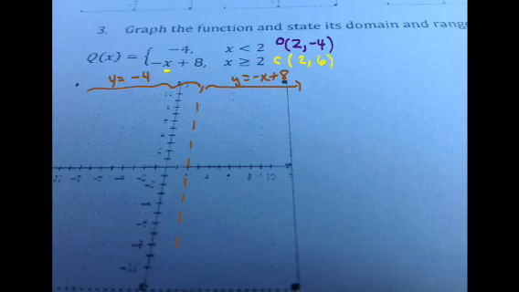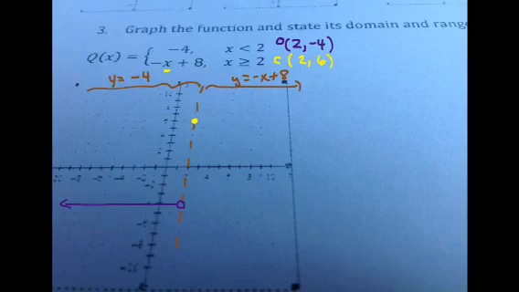Okay, so on the left side, I have an open dot on 2, -4, about here, and it's a horizontal line, y equals -4. On the right side, I'm going to graph y equals -x plus 8, starting at 2, 6, with a closed dot.